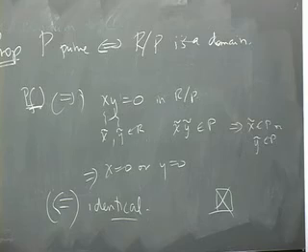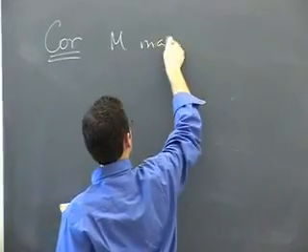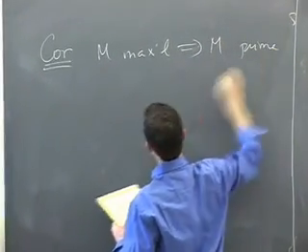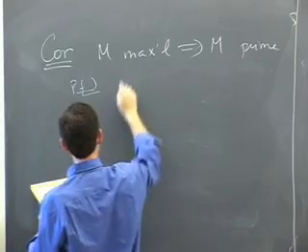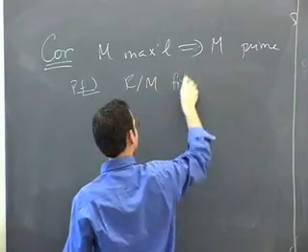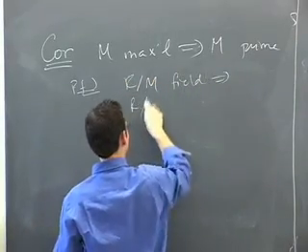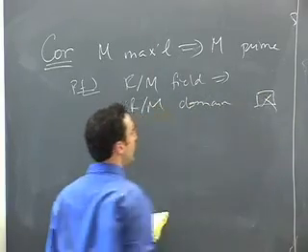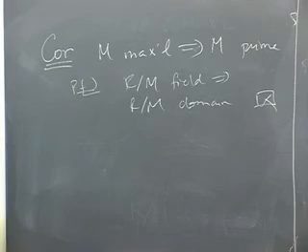Exactly. An immediate corollary is that if M is maximal, then M is prime. The proof is just that R mod M being a field implies that R mod M is a domain. This is by far the easiest way of proving that a maximal ideal is prime.